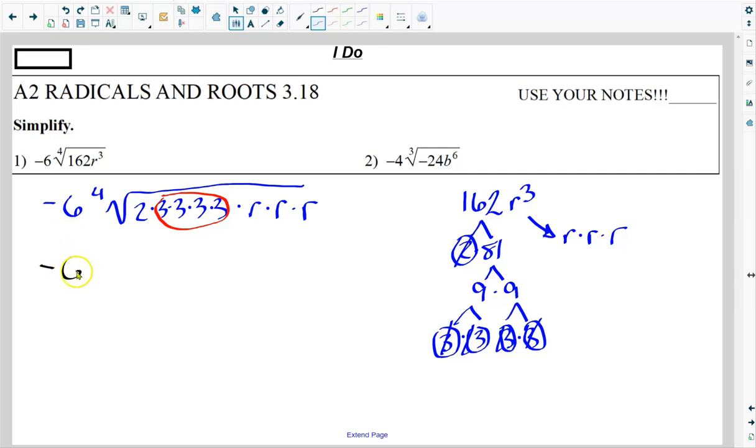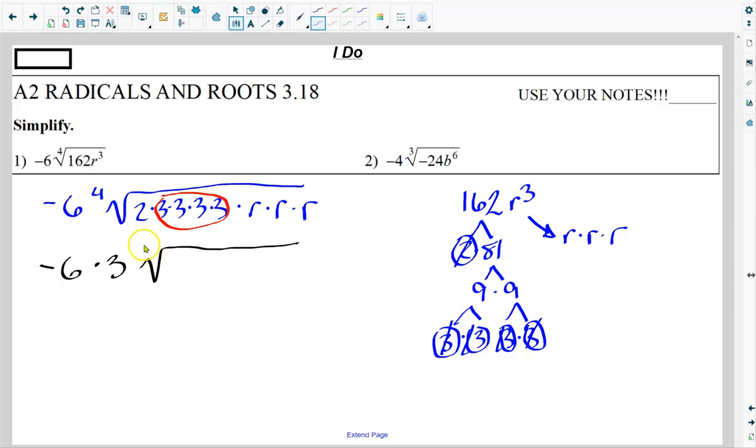Okay, so I've got the -6. Out of this guy's going to pop out a 3. Okay, and these guys are going to have to stay inside the radical. Okay, so I'm going to put the radical, but I'm already making a mistake. What is it? The index. Remember, if I leave it like this, it's an invisible 2.